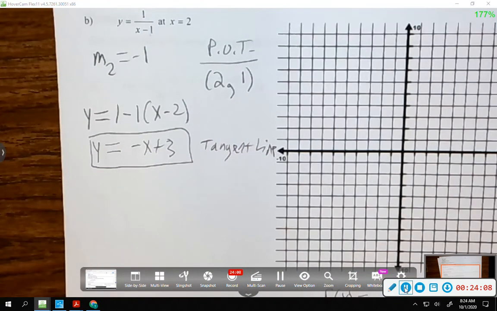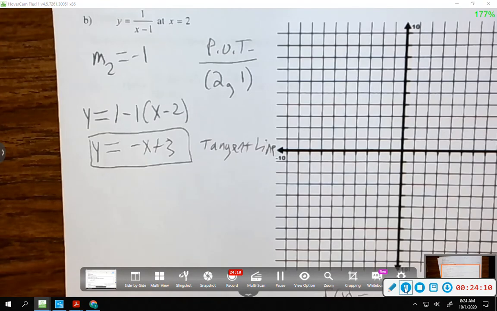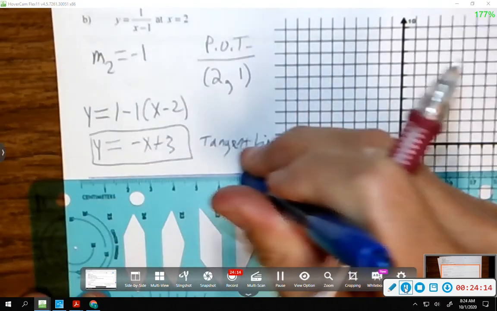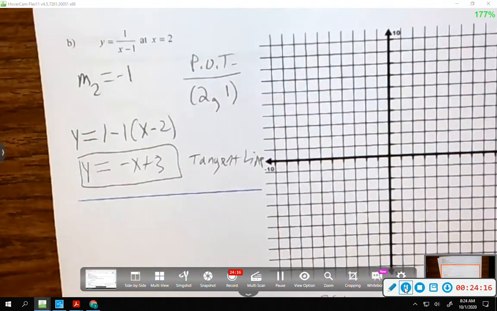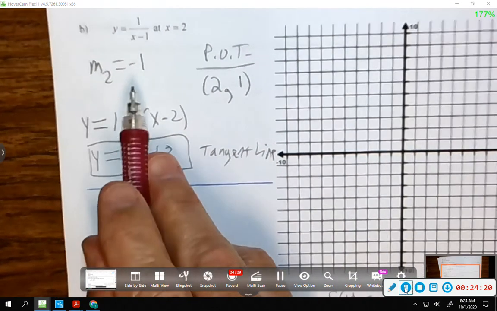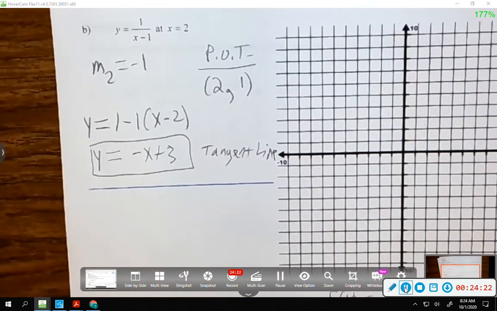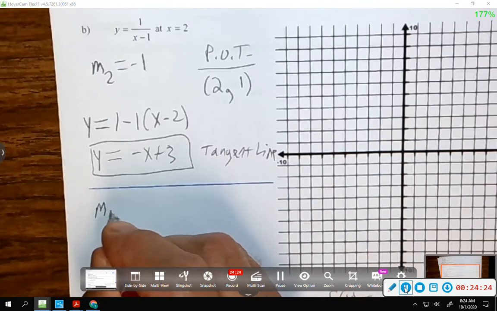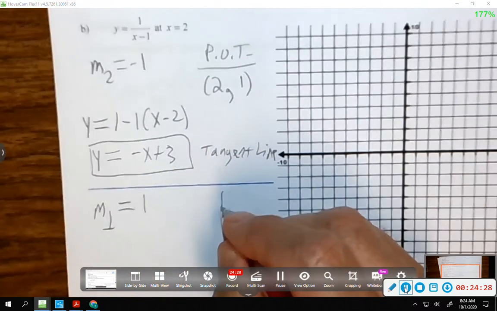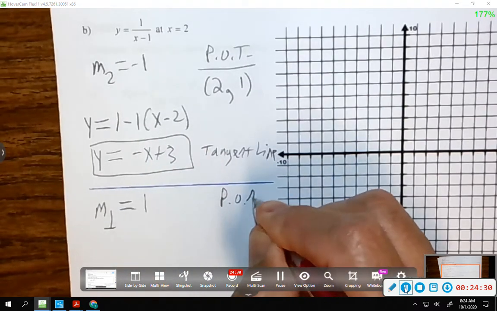Because now we need to find the normal line. The only difference is I have to take the opposite reciprocal of the slope. So the slope of the perpendicular is going to be positive 1. The point of normalcy is going to be the same as the point of tangency.